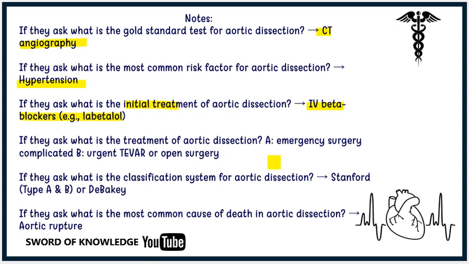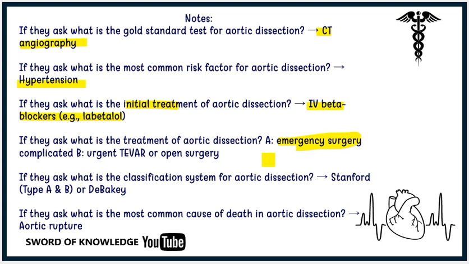If they ask what is the treatment for aortic dissection, it depends upon the classification of aortic dissection, what class of aortic dissection this patient is suffering from. Yes, there are classes, I will tell you in a second, but bear with me. If the patient is having aortic dissection type A, we can do emergency surgery because it's a very critical situation.